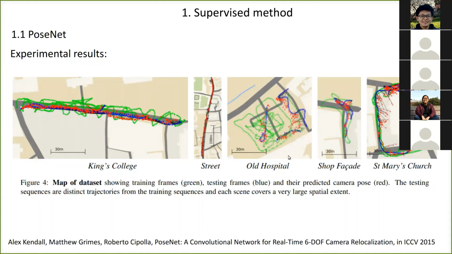But for the old hospital, for the shop, we can see the estimation and the ground truth in testing phase is actually quite different, right? There's a lot of difference between this red dots and the blue dots. But again, here, this church sequence, we can find this blue dots and the red dots actually have a lot of similarity, right?